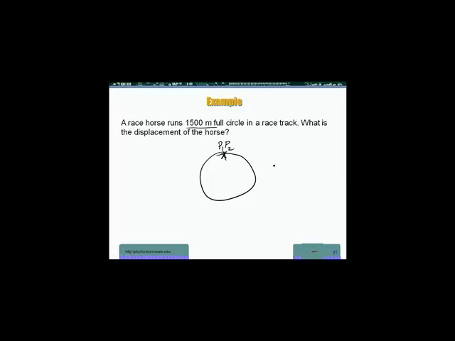So what's my displacement? My displacement is going to be 0, since the initial and final positions are the same. What would be the distance traveled as the horse goes around the full circle? The distance traveled is the circumference of the circle that's given here as 1500 meters.